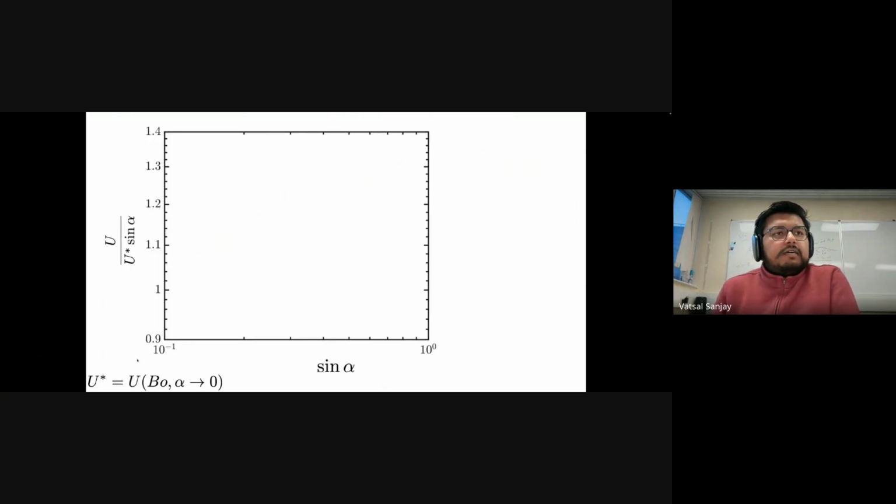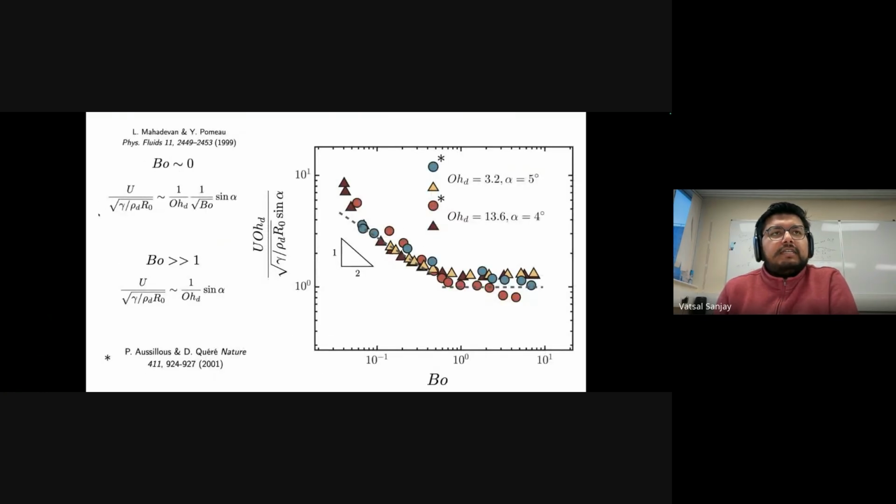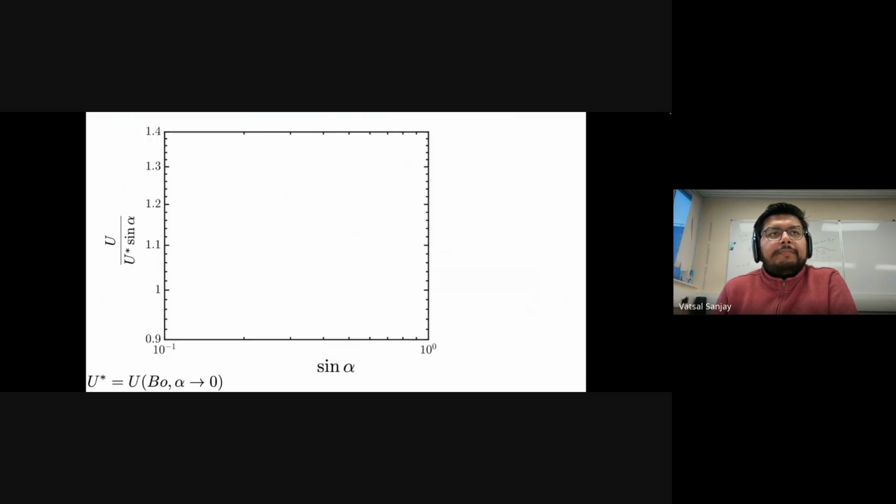Now, of course, what we could also do is to probe this sine alpha scaling, because we noticed that in these two cases, both of them scale linearly with sine alpha, and we would like to now probe the scaling with sine alpha. Of course, here we have a u star, which is the velocity for that particular system that we would get if alpha goes towards zero. So in the limit of zero alpha, we get the scaling.